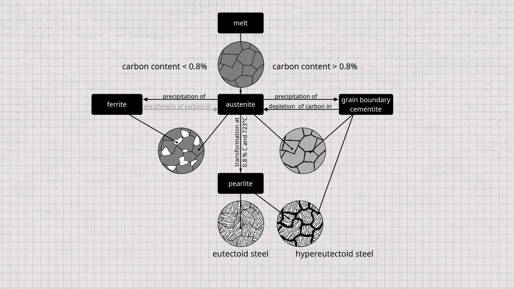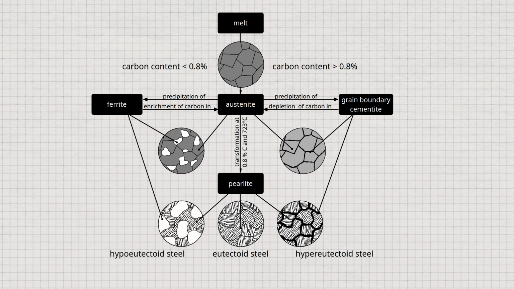This leads to an accumulation of carbon in the residual austenite. The enrichment eventually progresses until the austenite has reached the eutectoid composition of 0.8% carbon at 723 degrees Celsius. Pearlite is formed from the austenite. The processes involved in the formation of pearlite are always the same, regardless of the steel.